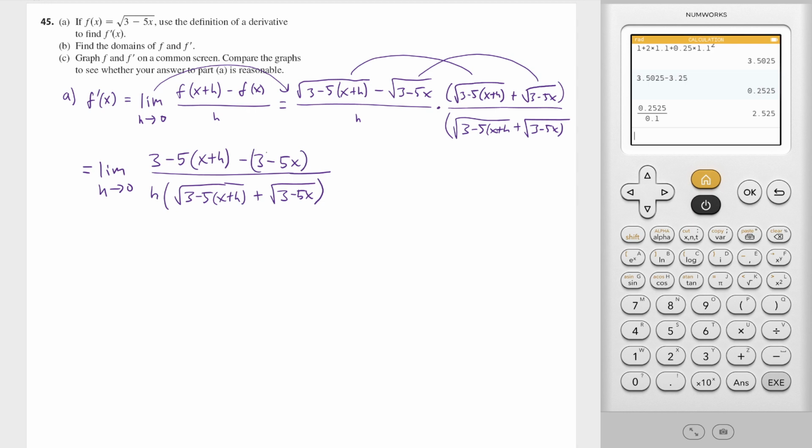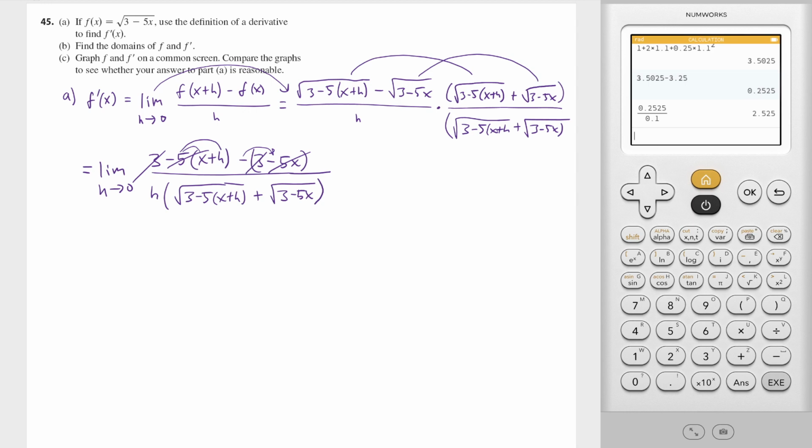The negative 3 cancels out with a positive 3. I have a negative of a negative 5x, so this distributes and I get a positive 5x. When I distribute this, I'm going to get a negative 5x, so that cancels out. But I also have to distribute the negative 5 to the h.